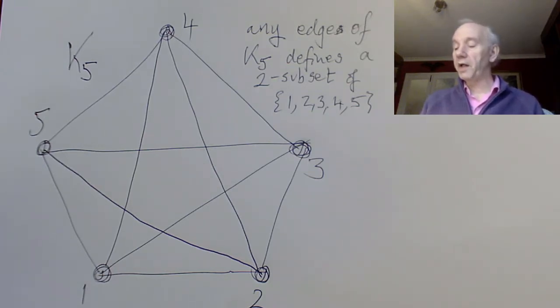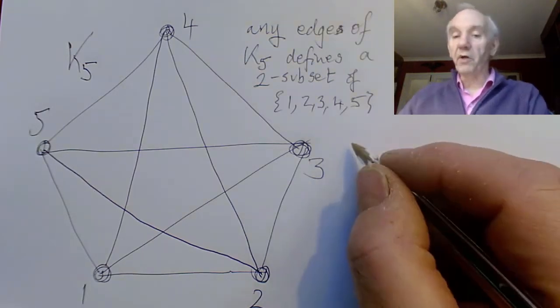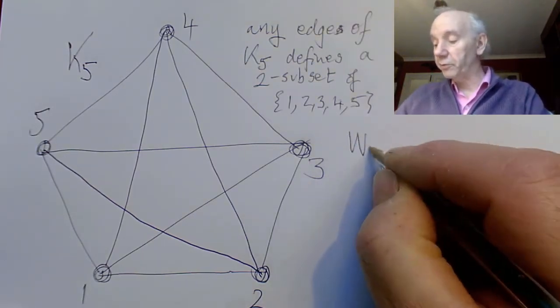Okay. Now, what I'm going to do here is try and define the Petersen graph in a slightly different way, a more combinatorial way. A vertex of the Petersen graph will correspond to one of these subsets. So I won't call it the Petersen graph yet, but that's what it will be.